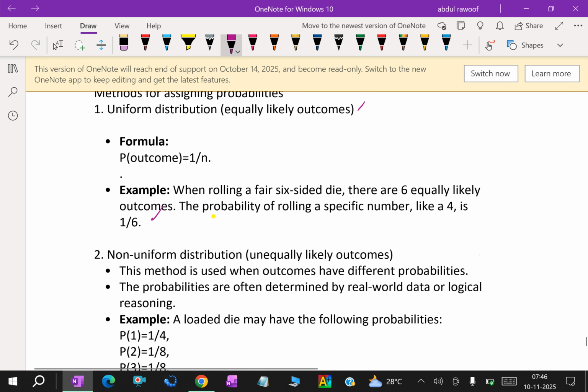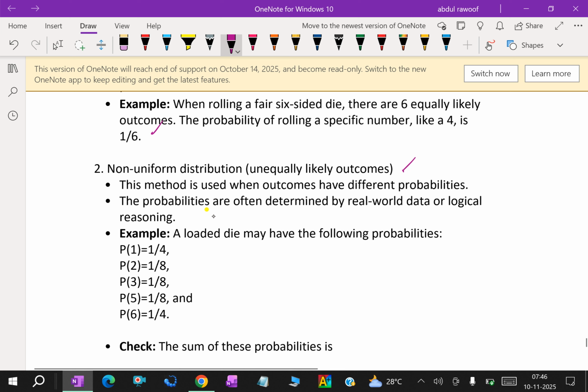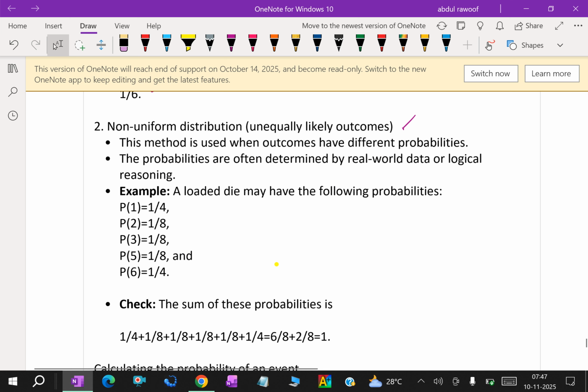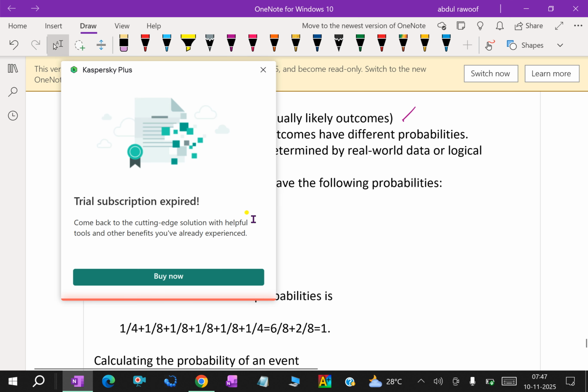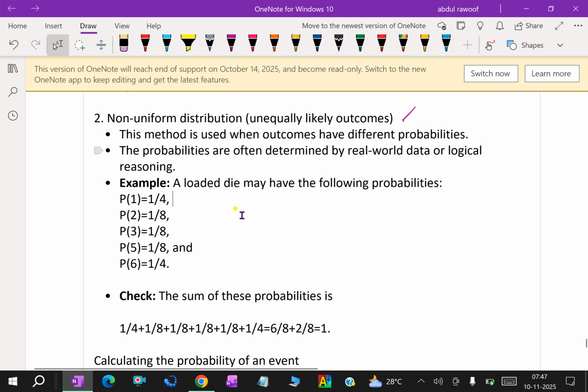Non-uniform distribution, unequally likely outcomes. For example, an unfair die means some weight is not balanced on every face. This method is used when outcomes have different probabilities. The probabilities are often determined by real world data or logical reasoning. For example, a loaded die, that means the faces are uneven and the weight is not the same.